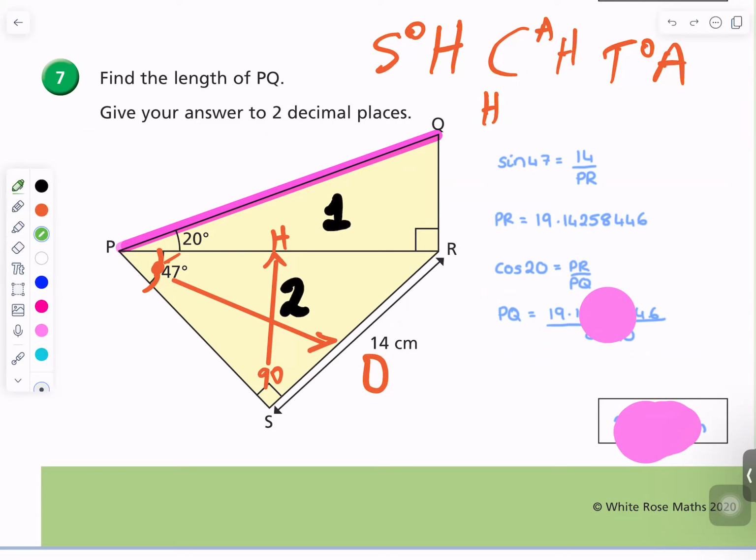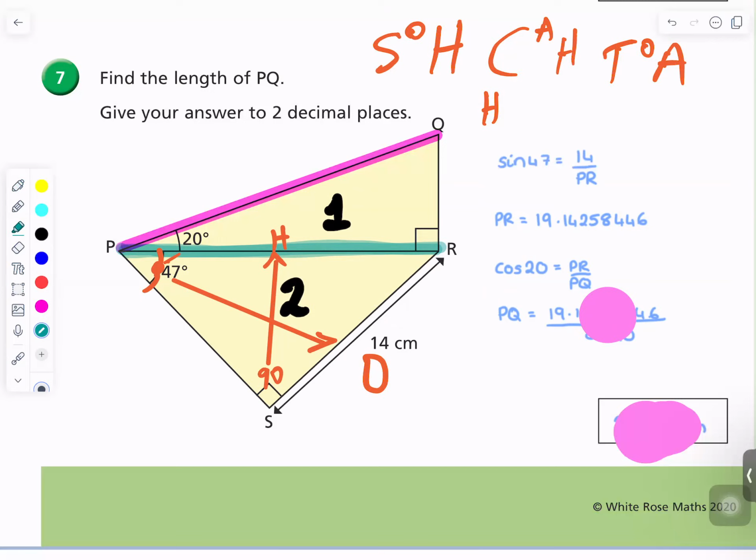I'll put it in green. Let's put some colors now because it will help to identify what I want to do. Can you see the green there? Yes. Because we want to find the pink one, we cannot do anything in that triangle number 1 because we only know the angle.